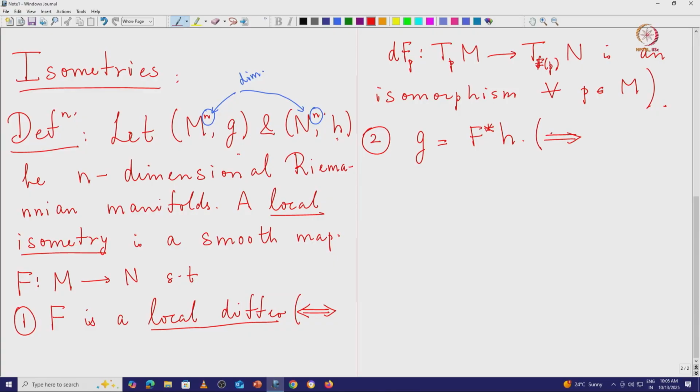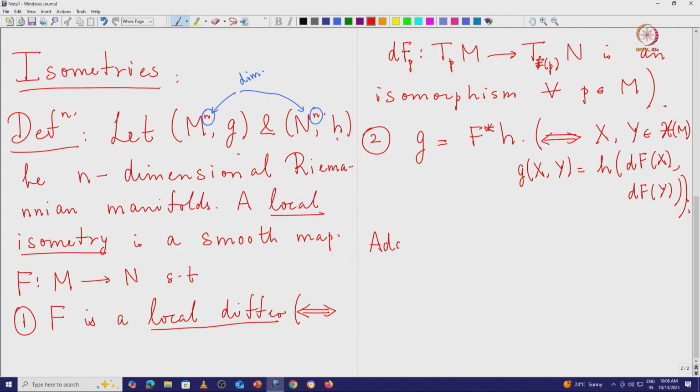Okay, so an equivalent way, I mean that is the definition of what the pullback metric is. So equivalently for all vector fields X, Y on M, g of X comma Y is simply going to be h evaluated at the push forward of X and Y. That means the image of X and Y under the derivative map. Okay, so if F satisfies both these properties, we say it's a local isometry.